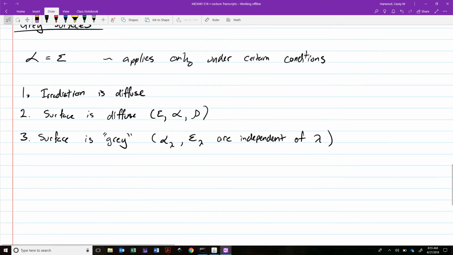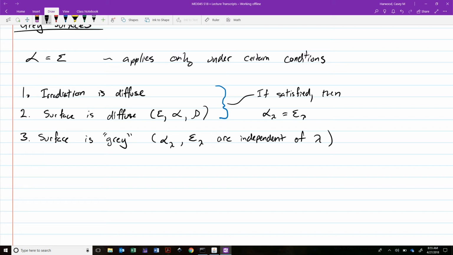So broad strokes are that through a kind of manipulation of some theory, numbers 1 and 2 combine to give us one sort of thing. If numbers 1 and 2 are satisfied, then we can say that alpha lambda is equal to epsilon lambda.